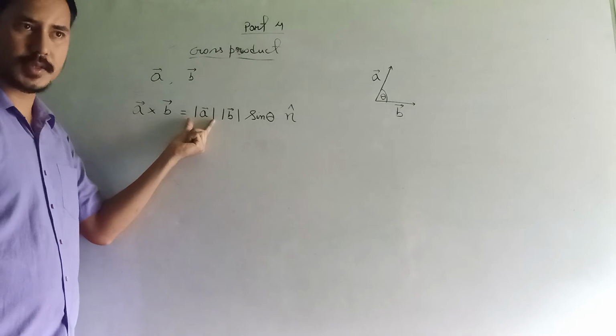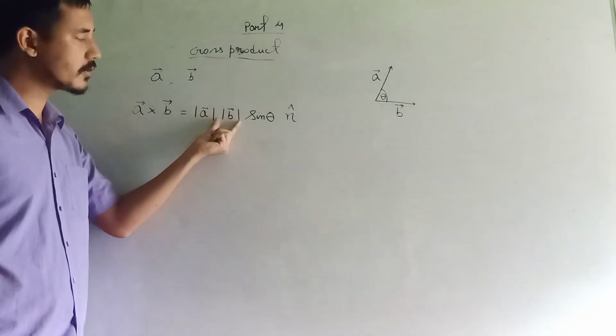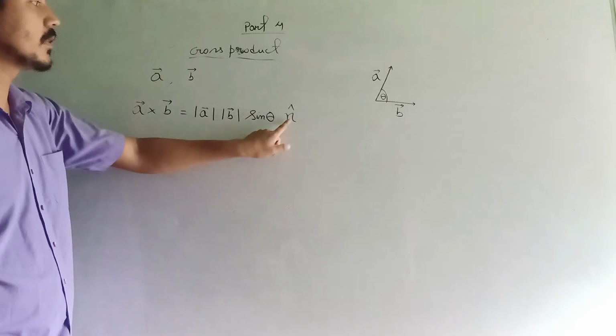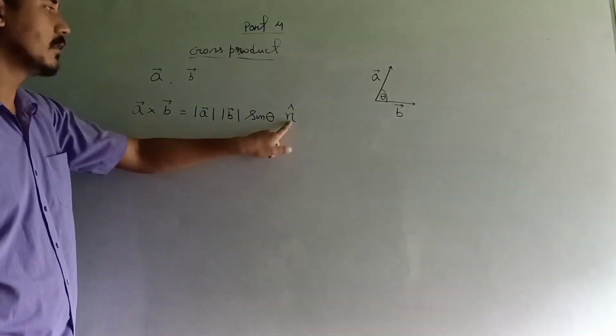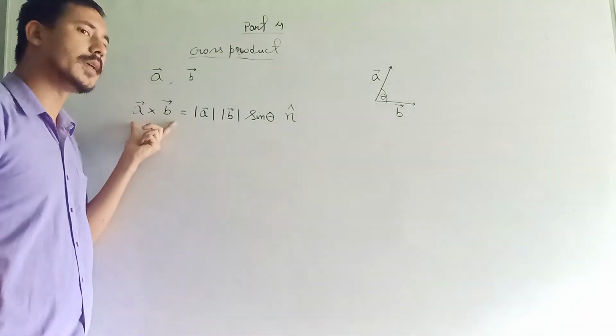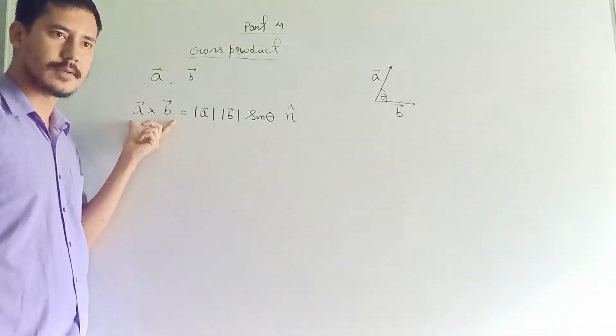Magnitude of A is a scalar quantity, magnitude of B is a scalar quantity, sin theta gives you a scalar quantity. But this n cap is a unit vector which represents the direction. That makes A cross B a vector, not a scalar. Alright?